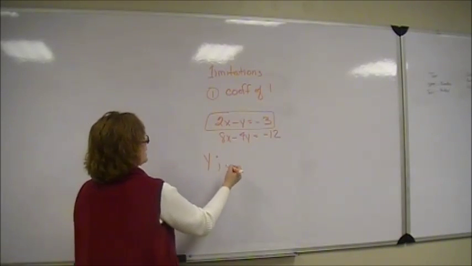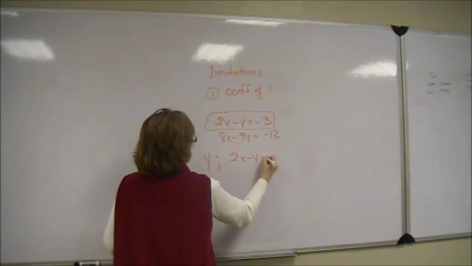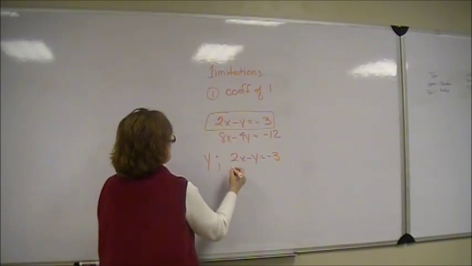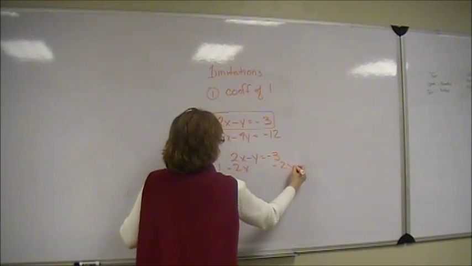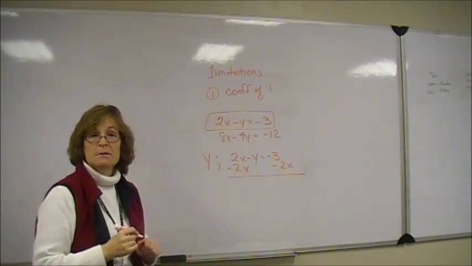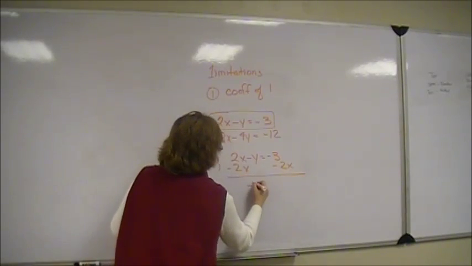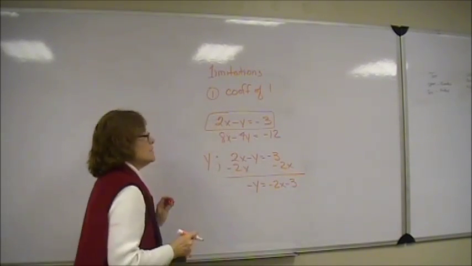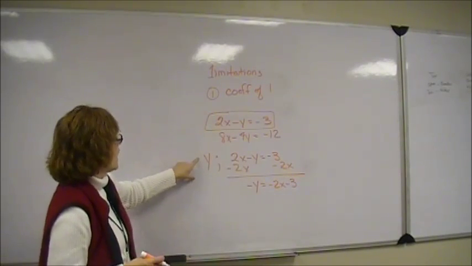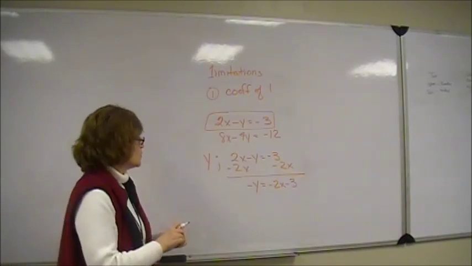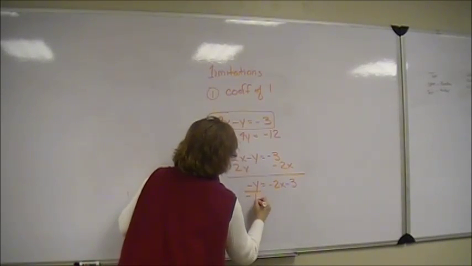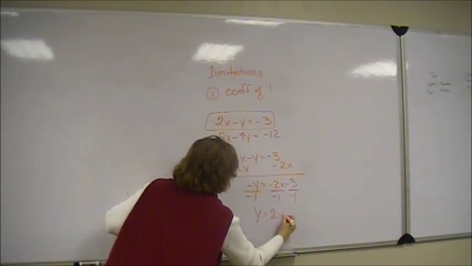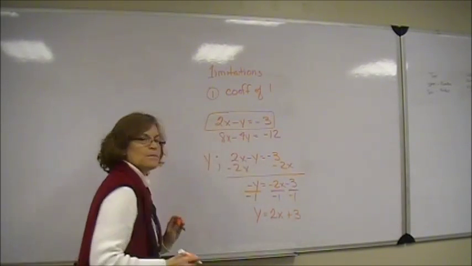So I have 2x minus y is equal to negative 3. I'm going to take my 2x over to the other side, because I need my y to be by itself. That gives me negative y is equal to negative 2x minus 3. I haven't solved for y, I solved for negative y, so I'm going to divide through by negative 1 on all terms, and y is equal to 2x plus 3.